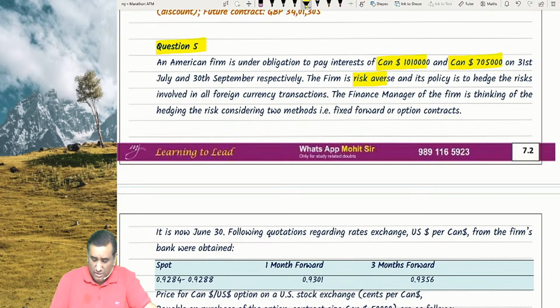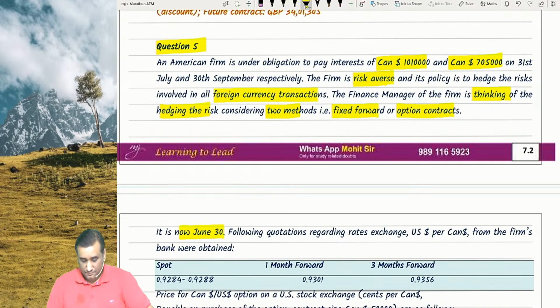Risk averse is one who does not take risk. The policy is to hedge the risk involved in all foreign currency. The finance manager of the firm is thinking of the risk, forward contracts and option contracts. It is now June 30. July 31 is 1 month forward. September is 3 months forward.